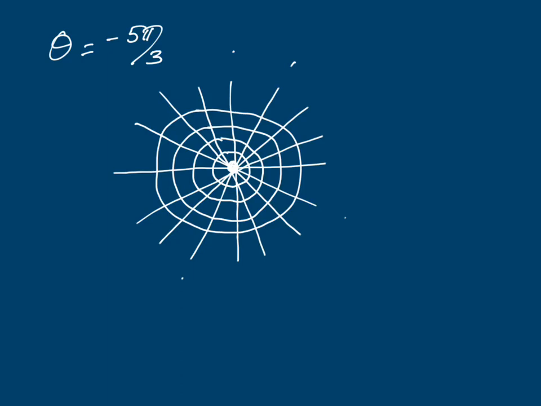Now this is negative 5 pi over 3, so I'm going to go backwards.